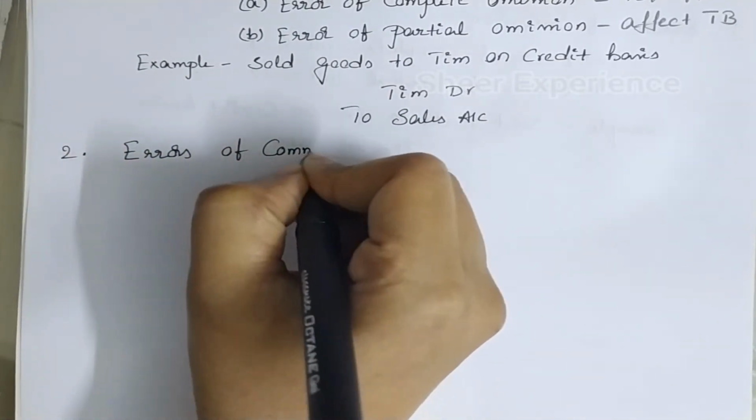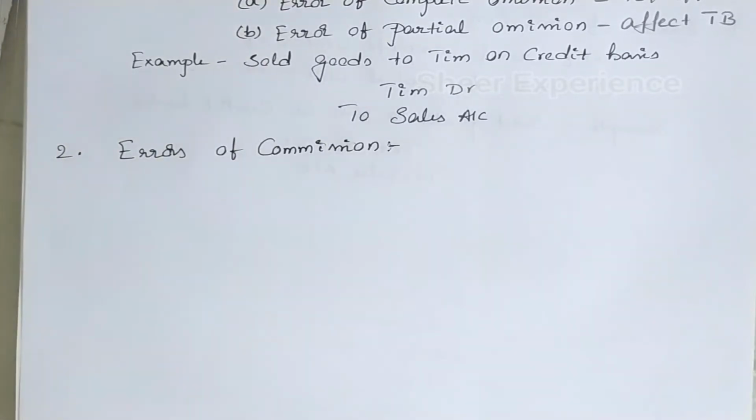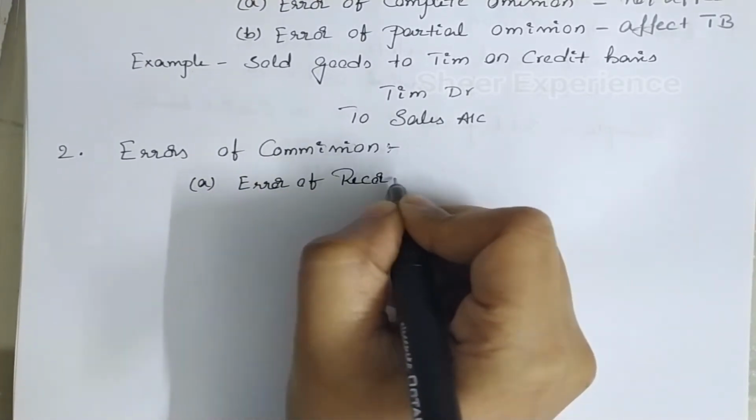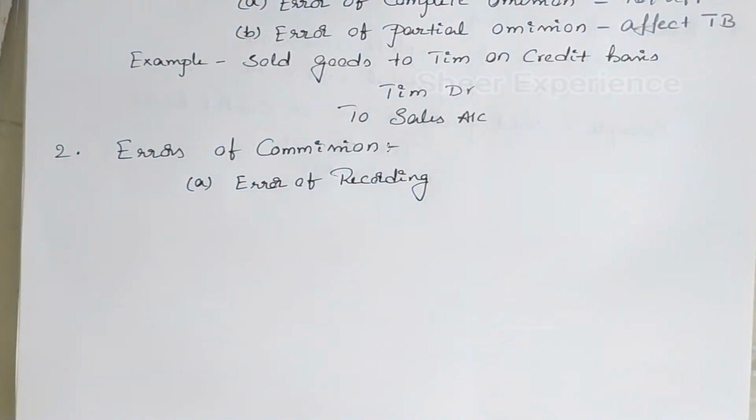Our next type of errors is errors of commission. These errors are related to wrong recording, wrong casting. Casting is nothing but totaling. Wrong carrying forward, wrong posting. All these types of errors come under errors of commission. Our first type of error under errors of commission is error of recording.